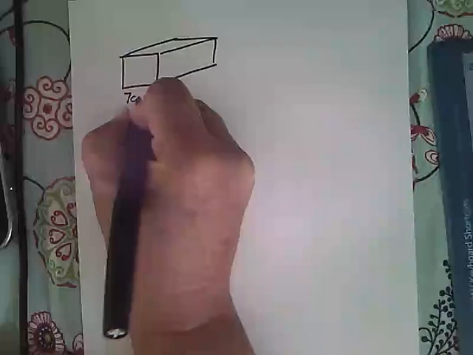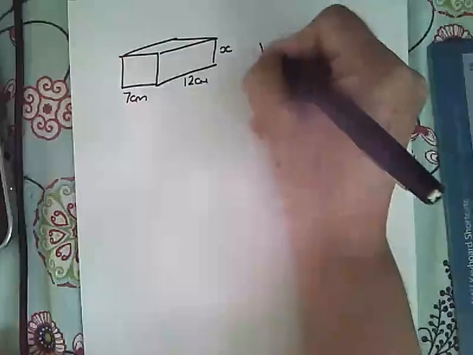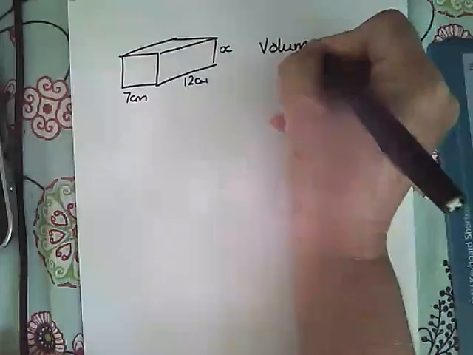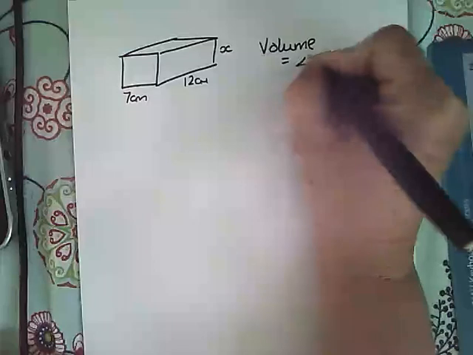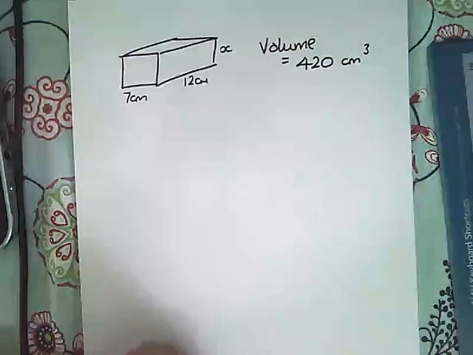If we have this cuboid and we say that this is 7 centimetres, this is 12 centimetres, and the height is x, and we are given that the volume is equal to 420 centimetres cubed. So we still use our formula.